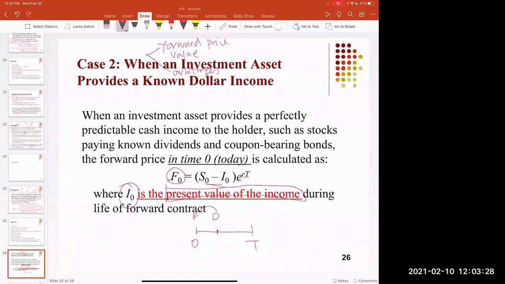We're going to use this as the base to accumulate back to the end of the expiration day. Okay, so this is similar to case 1, but what we added is this, right? If this is equal to 0, it's the same as case 1. Now we talk about not 0, right? So this is the forward price, F0, forward price at time 0.